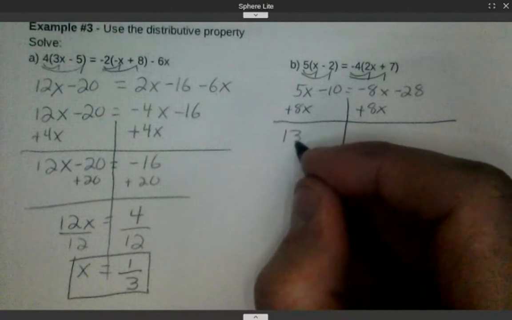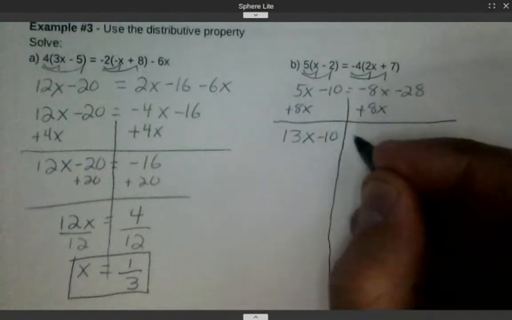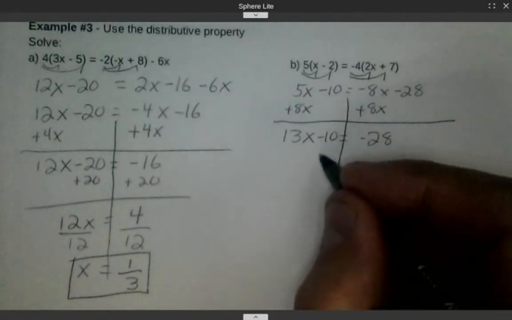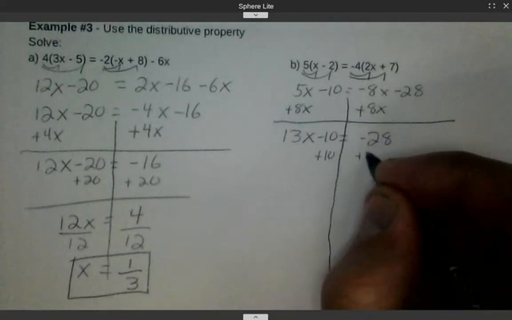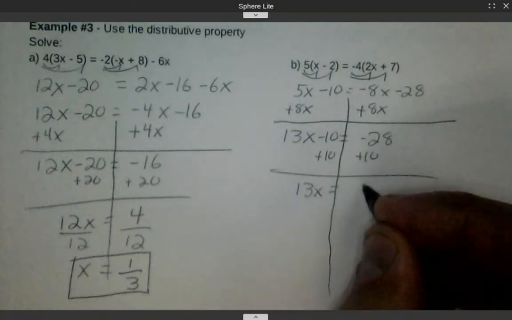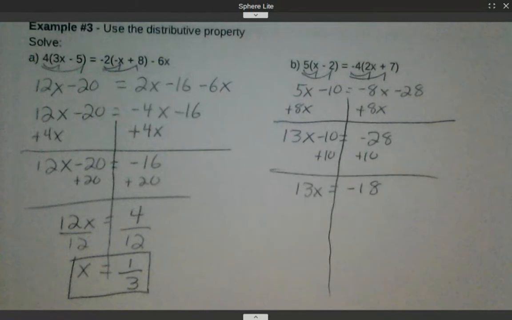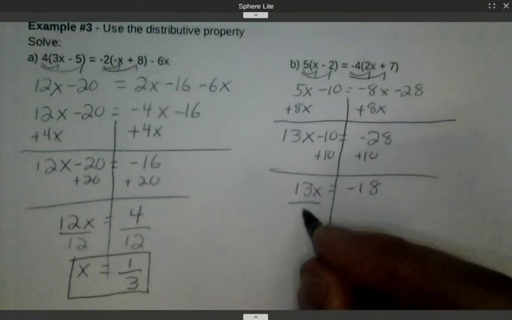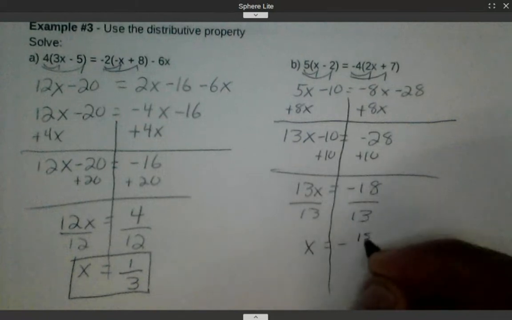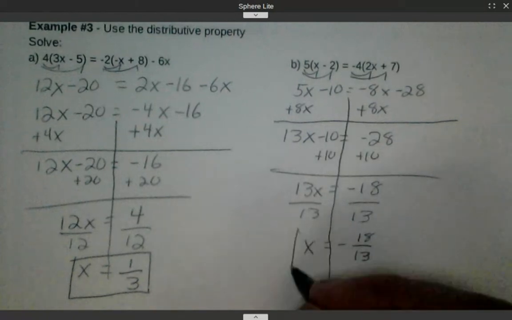This will give me 13x minus 10 is equal to negative 28. I'm going to add 10 to both sides, and I get 13x equals negative 18. And lastly, divide by 13 so that x is equal to negative 18 over 13.